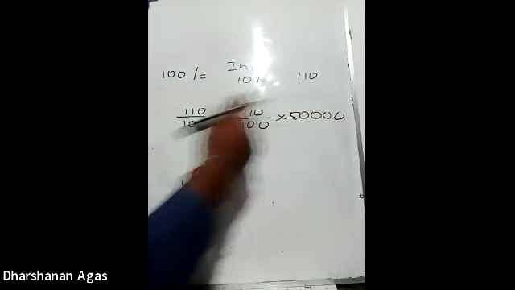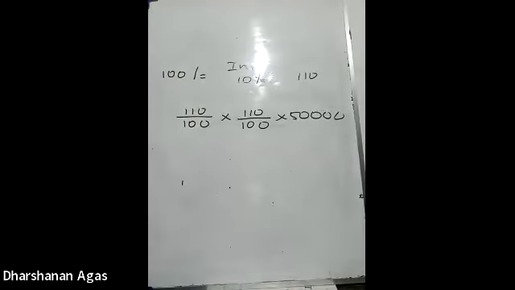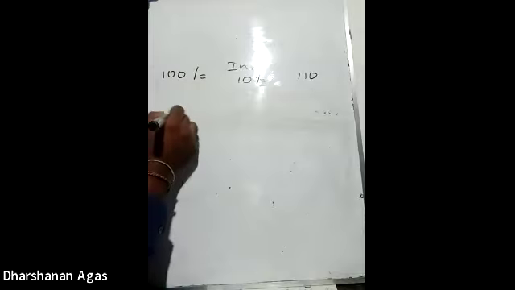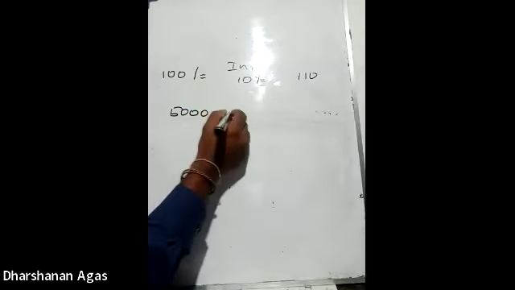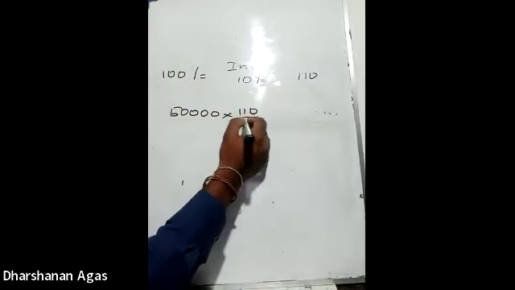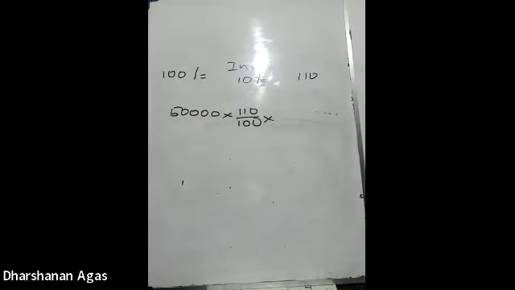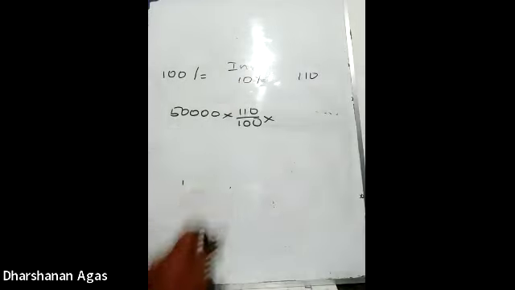Okay, students, this 50,000 you can write here and there, so better I'm writing on this side, in front. How to write then 50,000? 110 over 100. This is for the first year. For the second year, the bank may reduce or increase the percentage annually. Sometimes it will be turned to 12%.